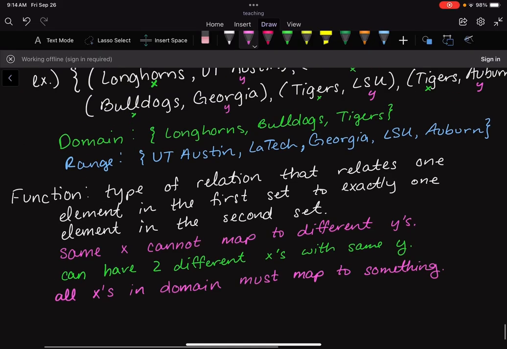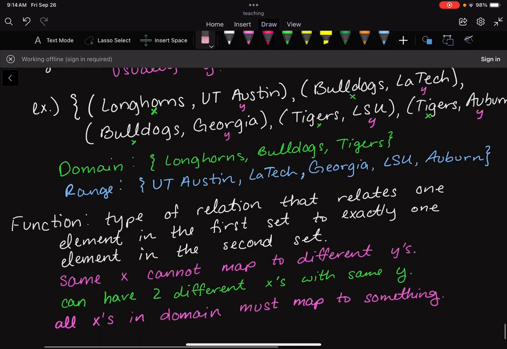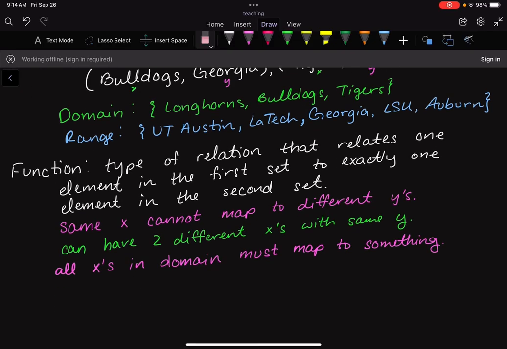So our earlier example, coming back up to my mascot example, do you see how we have the same x value going to different y values? That is not allowed for a function. So that happened with Bulldogs and also with Tigers. So our earlier example is not a function.